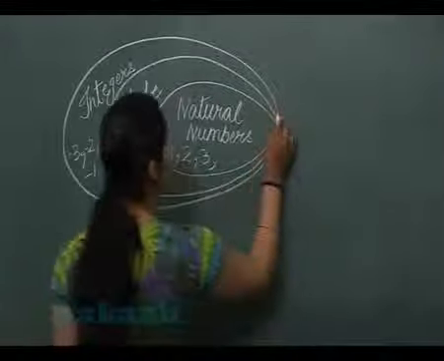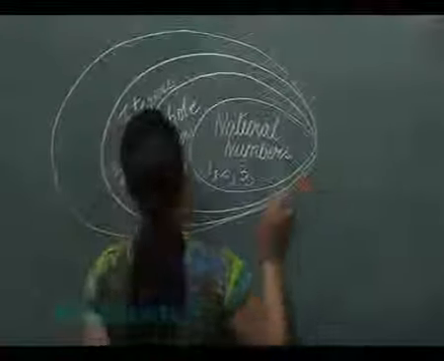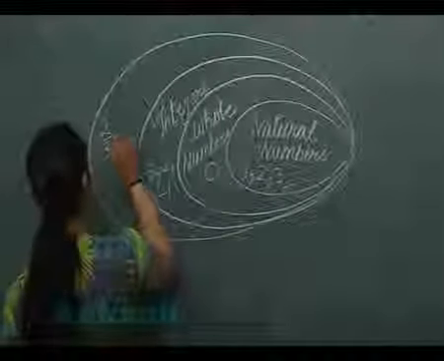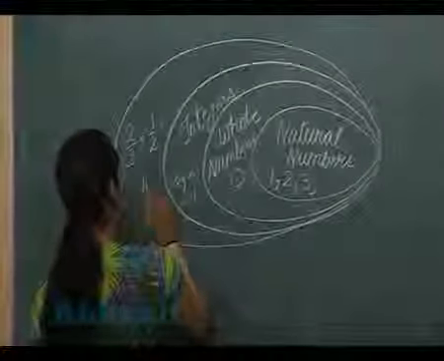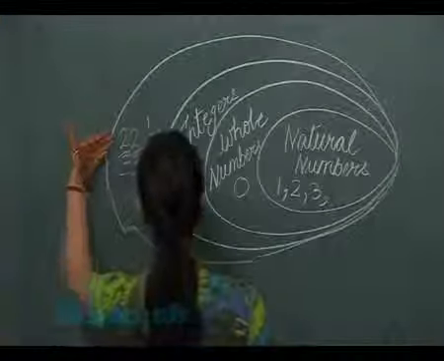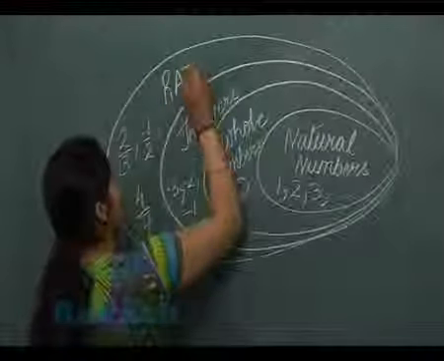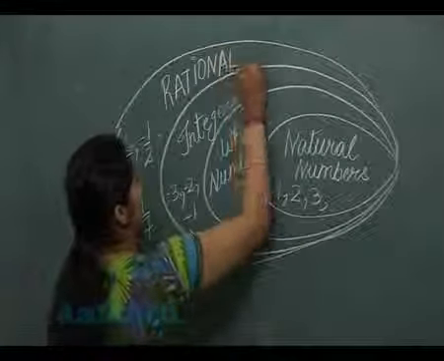And if I add numbers of the form 2 by 3, minus 1 by 2, 4 by 7, that is of the form numerator by denominator, I get rational numbers.